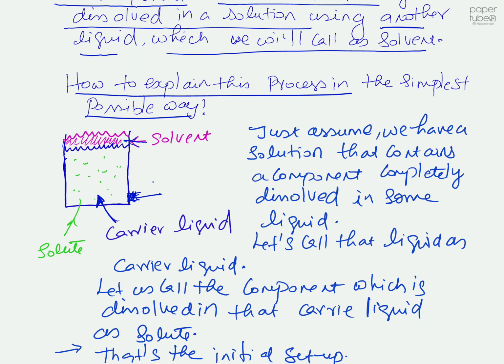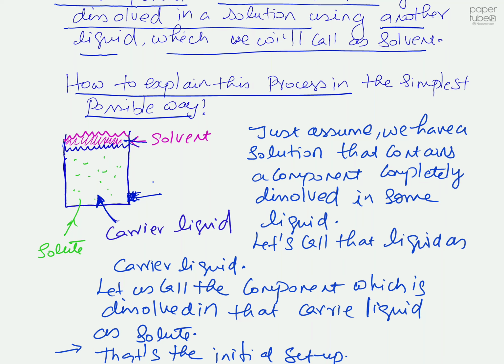Always keep in mind that we are going to use some terminologies. You have a liquid and a liquid. I already named one of the liquids as the solvent, and the liquid which contains your solute particles in a completely dissolved state, we call the carrier liquid.